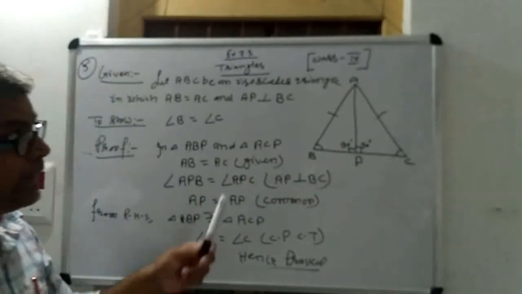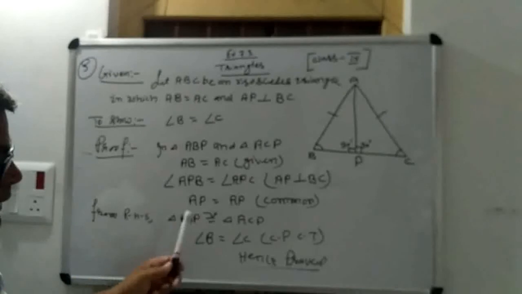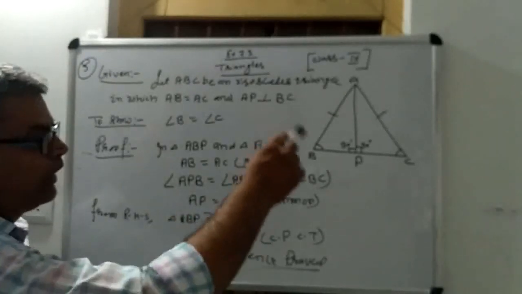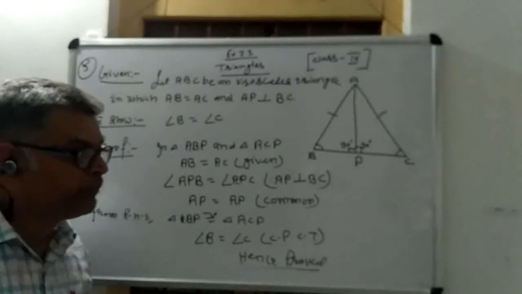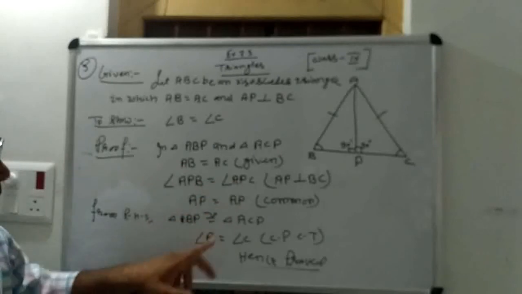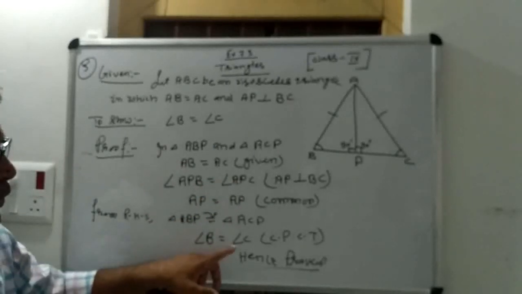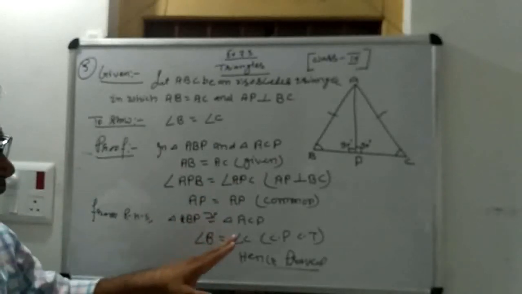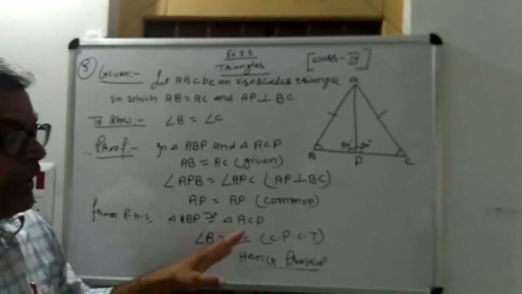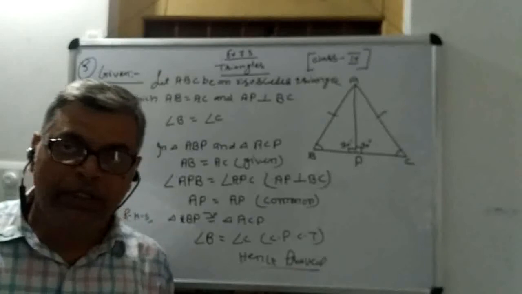So by satisfying the RHS condition, triangle ABP becomes congruent to triangle ACP, and hence we got angle B equals to angle C, and in this way we proved the desired result.